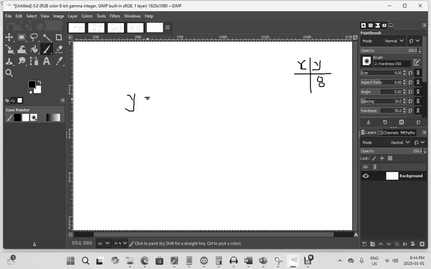So y equals mx plus b, which means 8 equals 2x plus b.